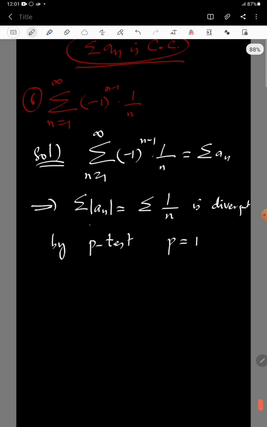Now after applying the mod, meaning taking all the terms positive, it is becoming divergent. But how it is with alternating terms, let us see now.